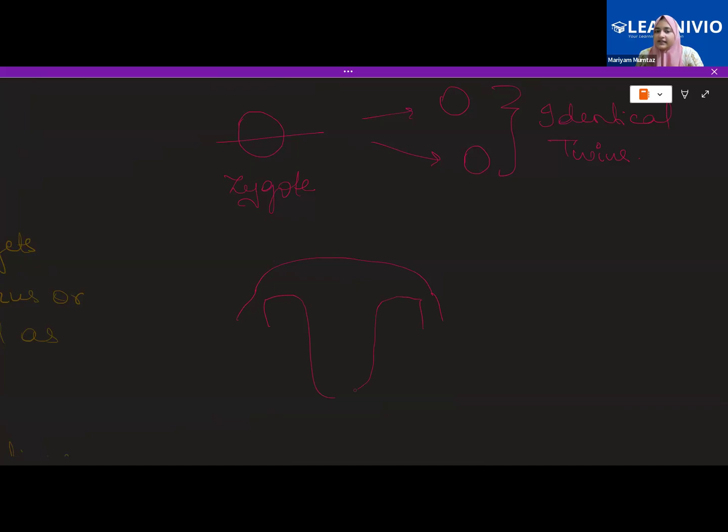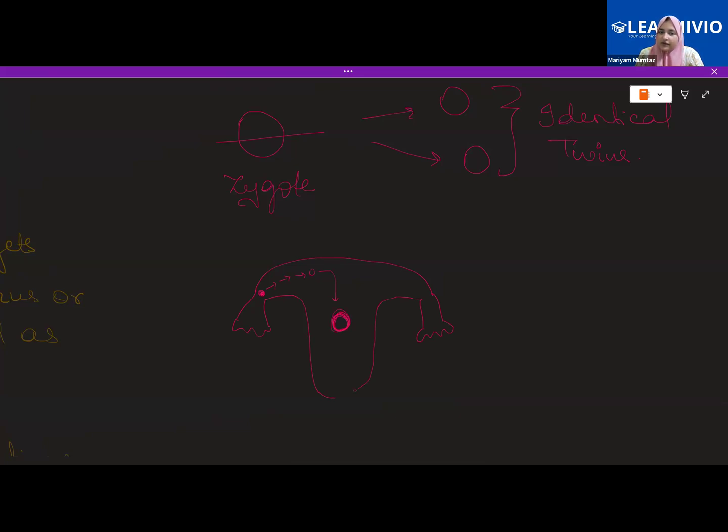Now, after the embryo has been made, slowly, see this. For example, this is the fallopian tube beginning, and initially the fertilization took place over here. Then as it starts moving towards here, the zygote will become the embryo. Now this embryo will come to the uterine level and get attached over here.